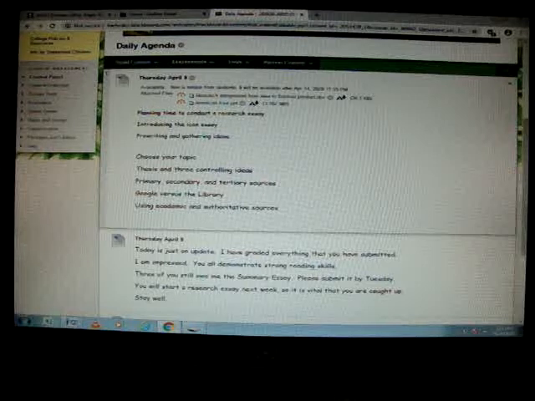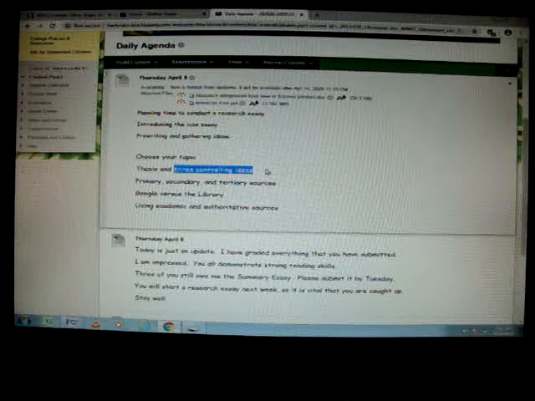I forgot to mention that when you get started, you should try to think about 3 or 4 focusing ideas, 4 controlling ideas. I'll talk about this a little bit more later, but let's say that you're in the nursing program and your teacher has told you to do something about the changes in DNA, and you've decided to go for stem cells. Okay, what specifically is it you want to say about stem cells?